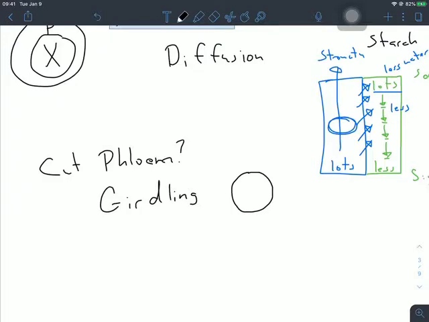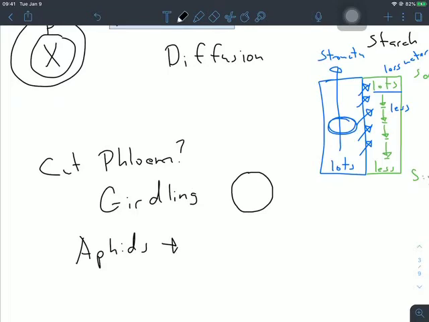For another random, almost Jeopardy-like association with this lecture, there are organisms that are able to puncture into the phloem of plants to steal that sugar. They live on sugar water alone. Things like aphids.